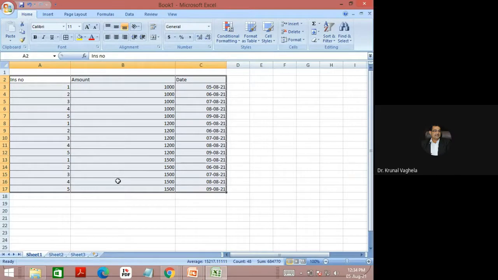If you nominate any column as a primary key, then there are two conditions. One, nulls not allowed, means you cannot keep it blank. Second, value should not be repeated. That means if your enrollment numbers are same, will you differentiate between two students? Name may be same, city may be same, country may be same, and enrollment number also will be same.